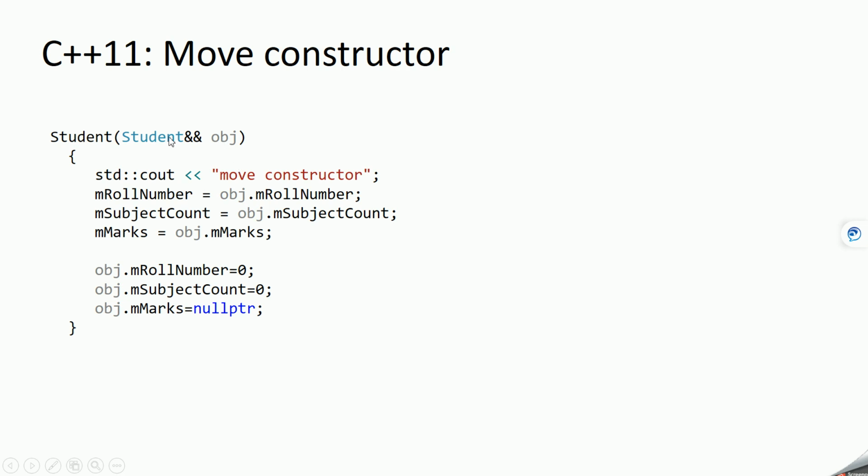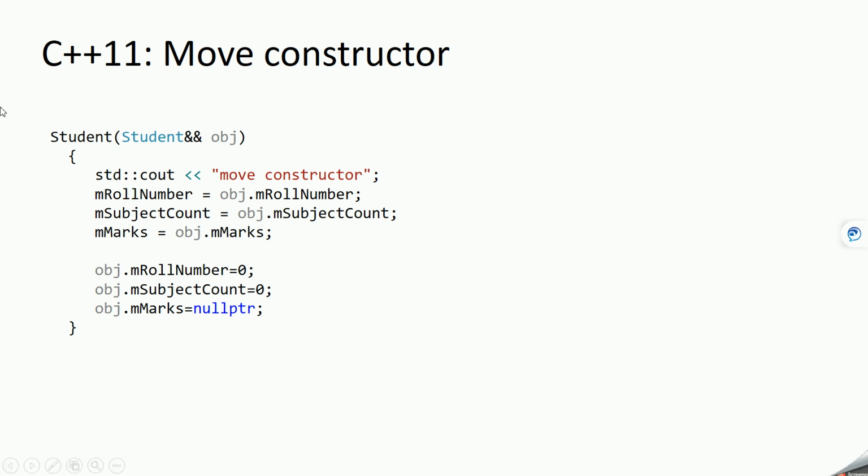When you have a move constructor, you will not be allocating memory for the pointers. Instead, you will directly make the members of the object being created point to the temporary object's members. This object is nothing but a temporary object in this case.